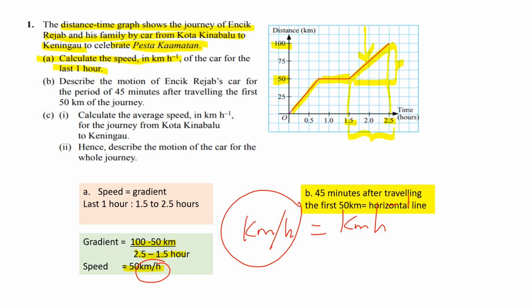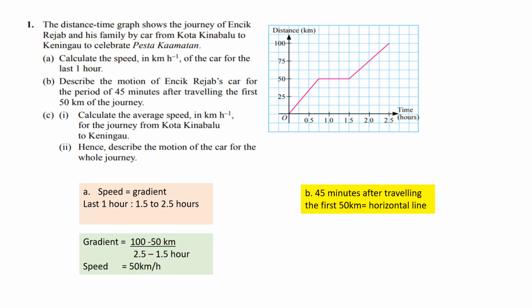next, the question for B, describe the motion of Rajab's car for a period of 45 minutes after traveling for the first 50 kilometer. So you want to find which graph. So first 50 kilometer, where is it?